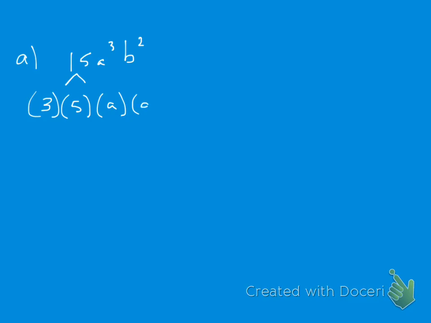A times A times A. And b squared is B times B. So essentially when we factor something that's a monomial, all we're doing is taking it and putting it in an expanded format. Does everybody follow that? We just took it and expanded it. Again, this is only helpful in the introductory phase. Eventually, you won't do this very often at all. So let's look at B.